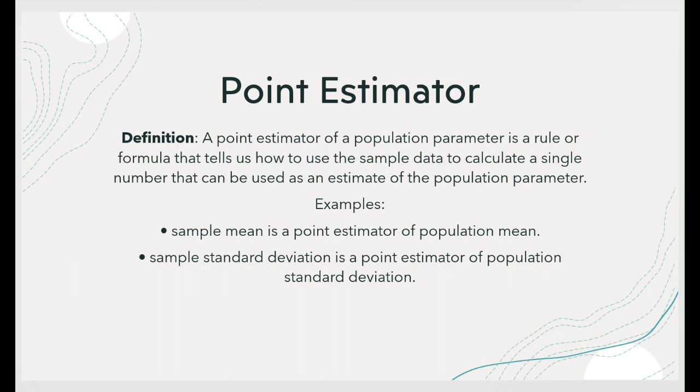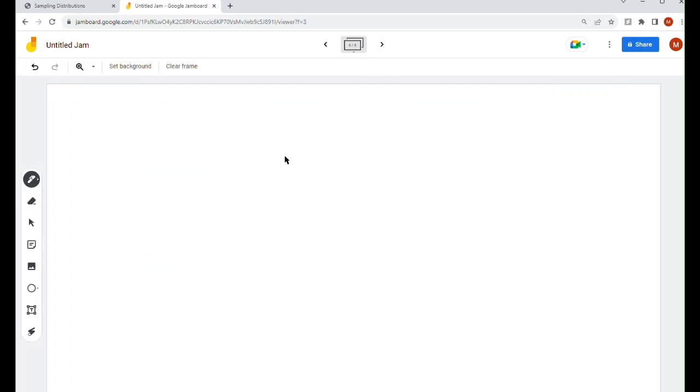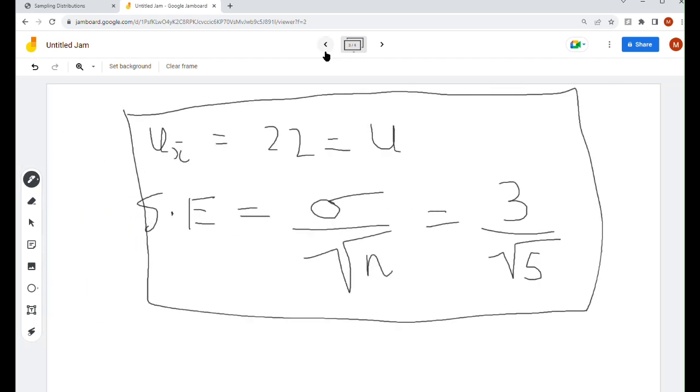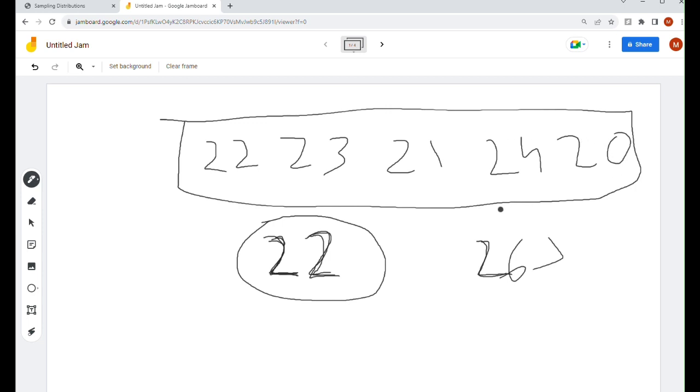So basically, a point estimator is something that you use to estimate a parameter. When we had a sample of 5 people, and we got the sample mean as 22, you can say that's if we're using it as an estimation of the population mean.